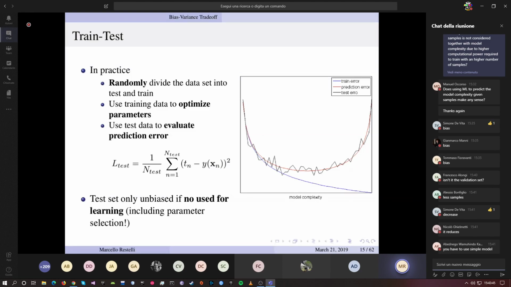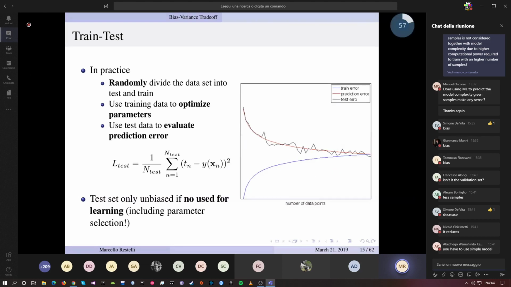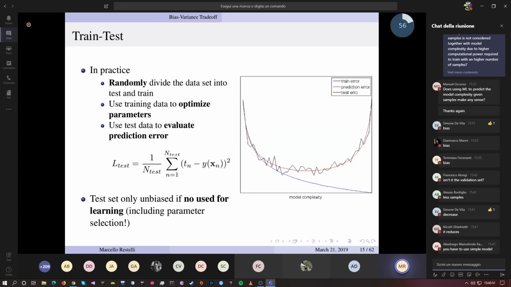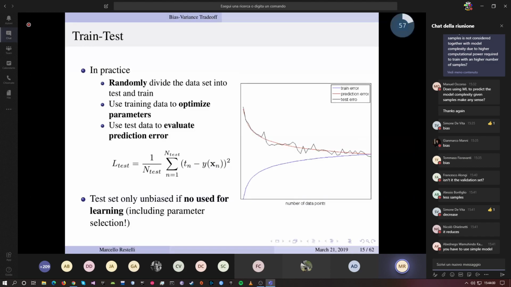Okay. So here is another plot. In the previous plot, on the x-axis we had the model complexity, and we saw with the model complexity the behavior that we have discussed before. If now on the x-axis we put the size of the data set, in this case of the training set, what you see is the following.